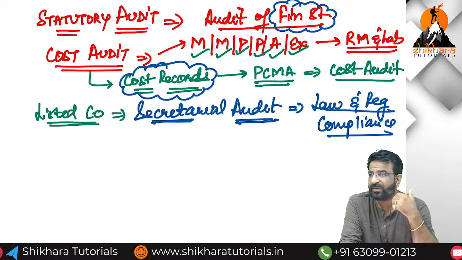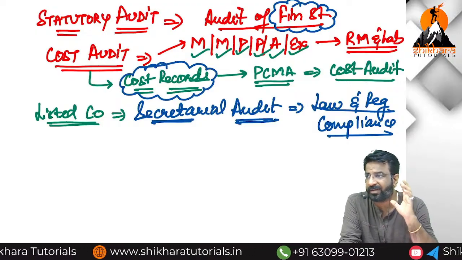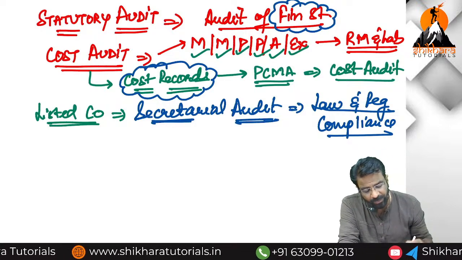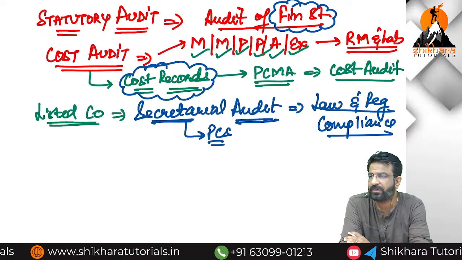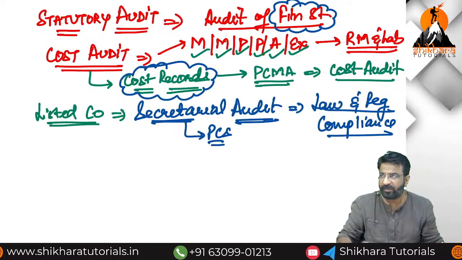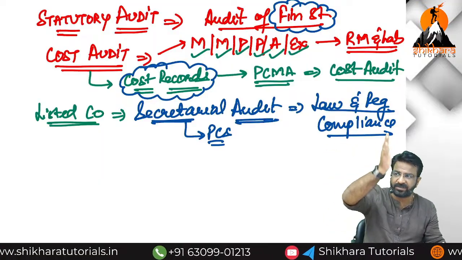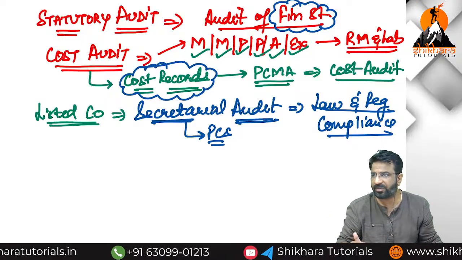For that also we need one checker. That checker is known as the secretarial auditor, and the secretarial audit is done by a practicing CS. So that's how the jobs of the three professionals have been divided between practicing CA, practicing CMA, and practicing CS. Practicing CA does the statutory audit.